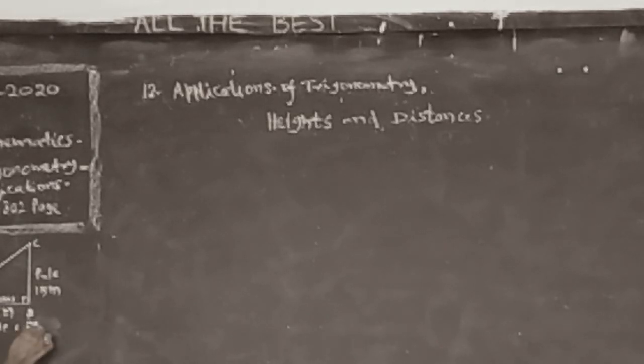And the length of the shadow, AB, is equal to 15 root 3 meters. Now, tan theta is equal to the opposite side of the angle by the adjacent side of the angle.